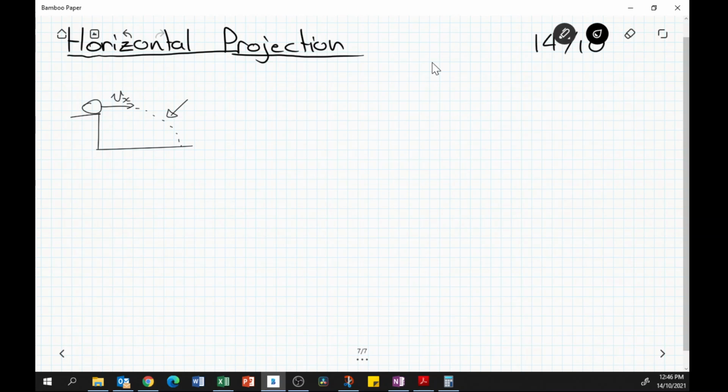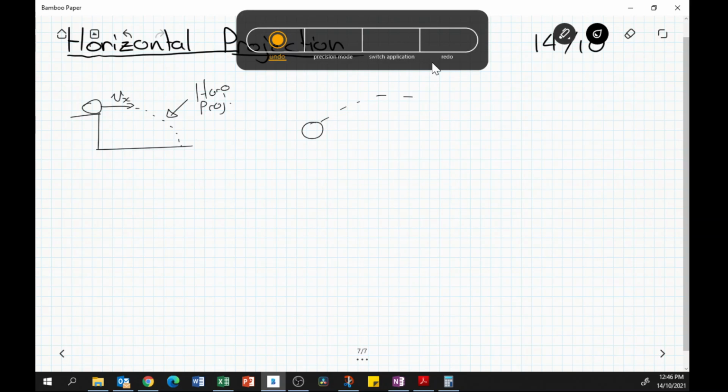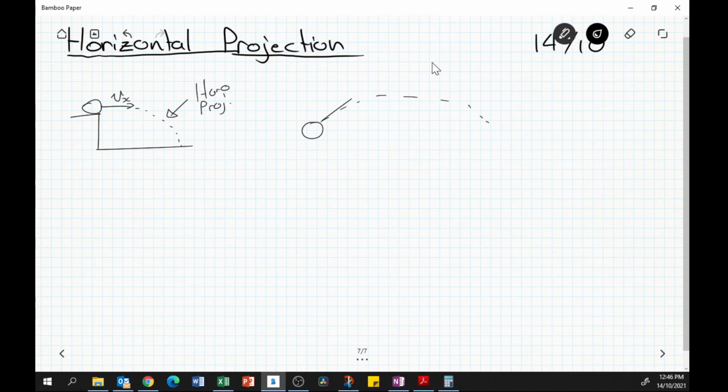That's horizontal projection. Horizontal projection, right? This is not.